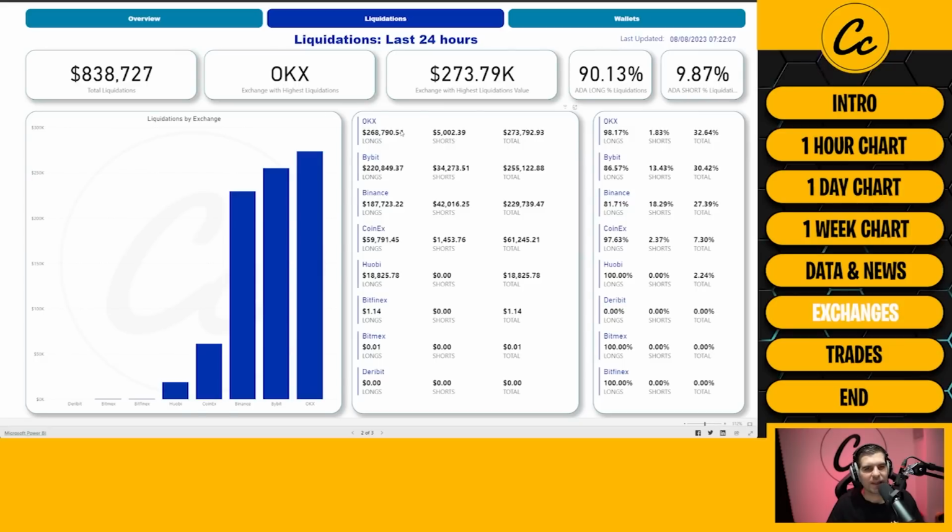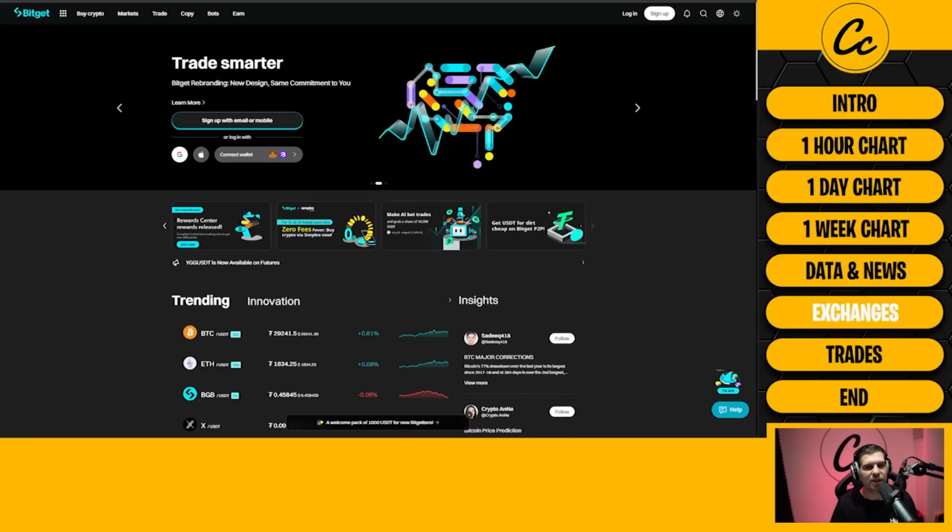We can see here OKX, Bybit, Binance, CoinEx, and BitGet. Now, you might obviously want to avoid BitGet for the short to medium term because we don't really know what's going on there. You may have accounts with OKX, Bybit, Binance, and so forth. If you don't, then you should probably be thinking about setting up accounts with these exchanges.